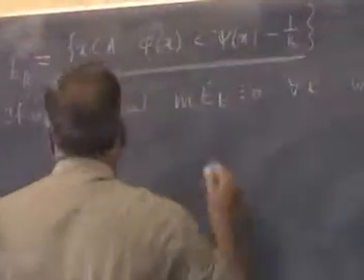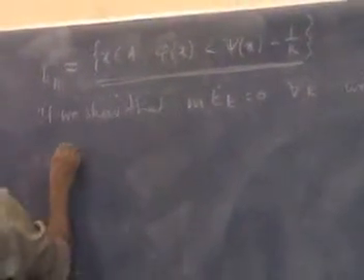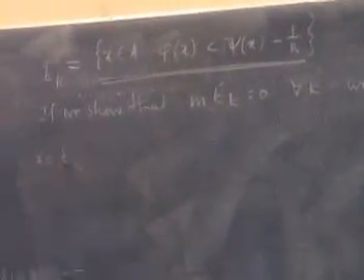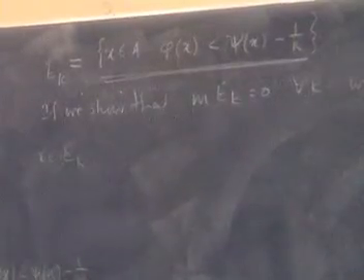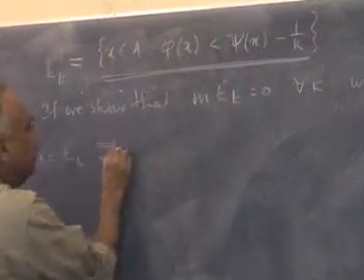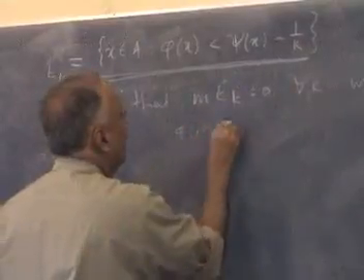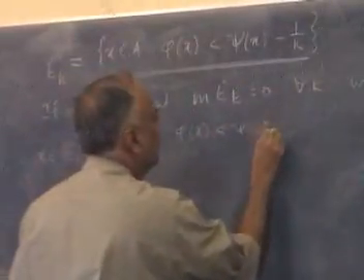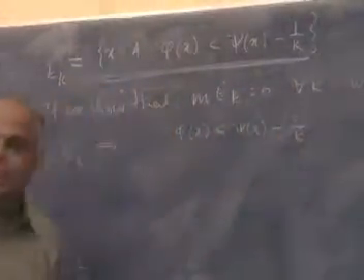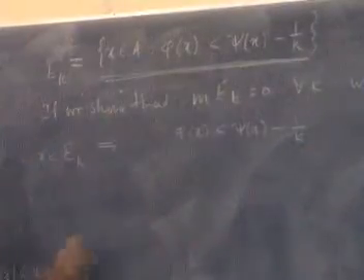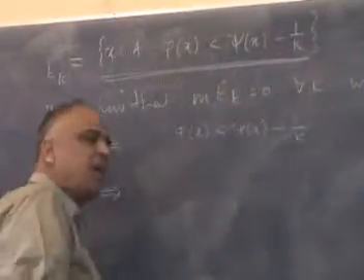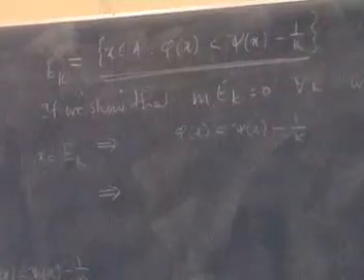Suppose I take a point x in E_k. Then phi x is less than psi x minus 1 over k. Now, I go back to things which I know. What are the things which I know?